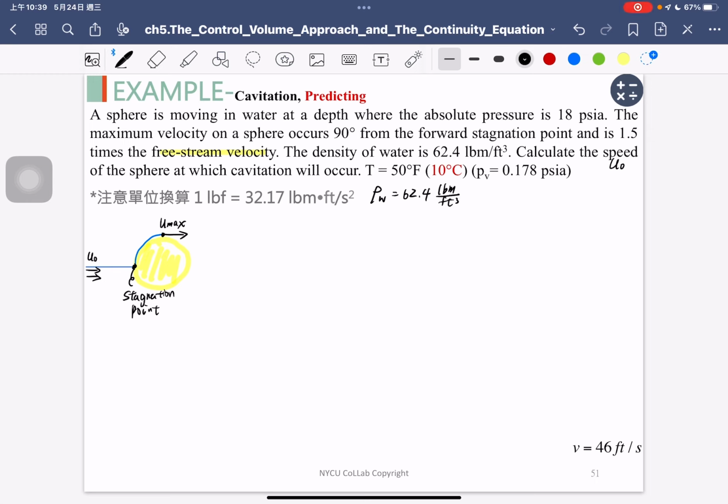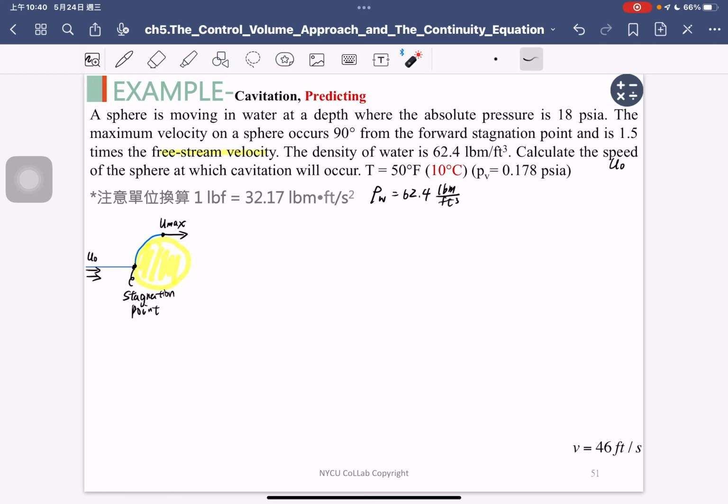How large is the free stream velocity U0 at which we will observe the cavitation happening at this point? At this point, how fast does the free stream velocity have to be for us to observe the cavitation problem here?